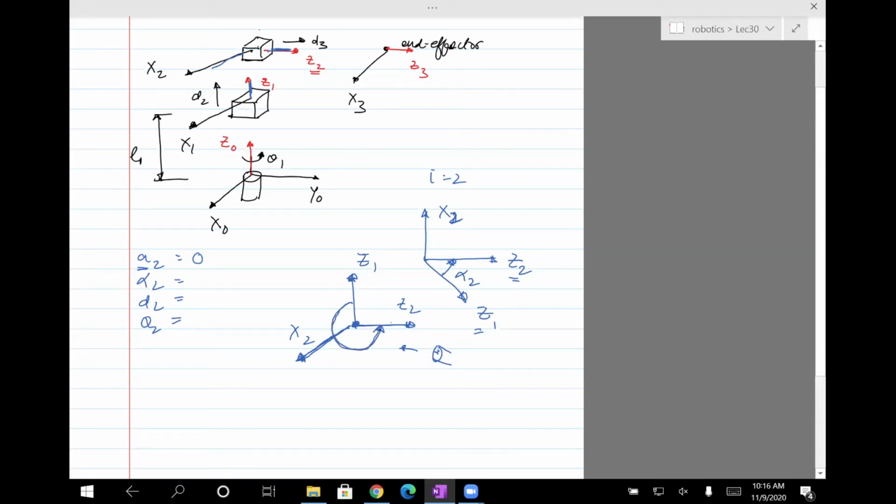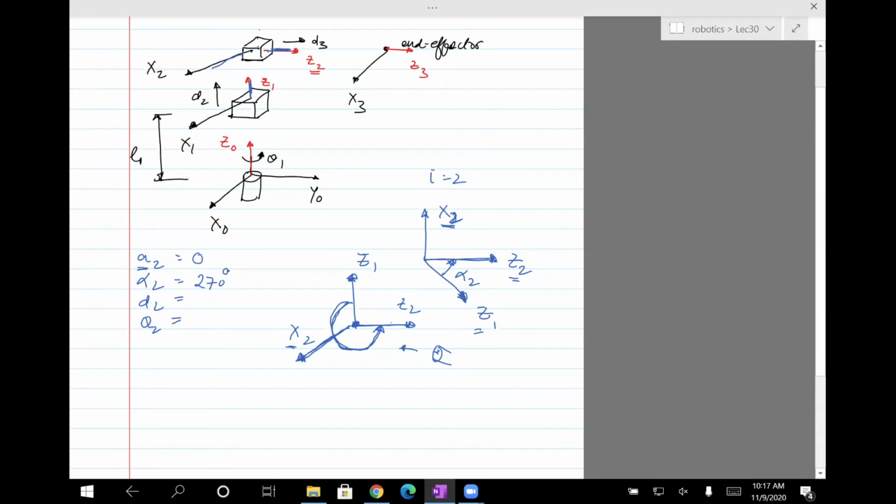Curl the fingers of your right hand from Z1 to Z2 in the direction I've shown, and you will see that your thumb naturally points along the direction of X2. That is how you need to estimate alpha 2. It's the angle from Z1 to Z2 with your thumb pointing along X2. So you can see that that angle is 270 degrees. Okay, that's one way of getting alpha 2.